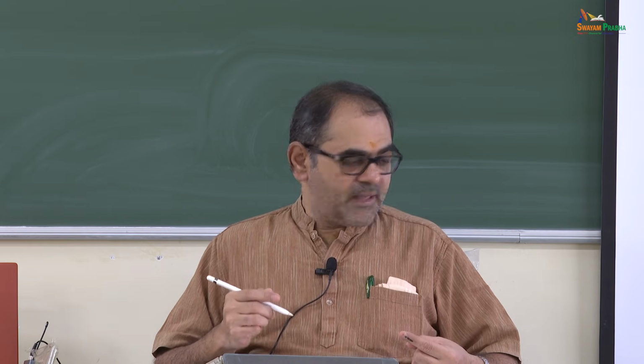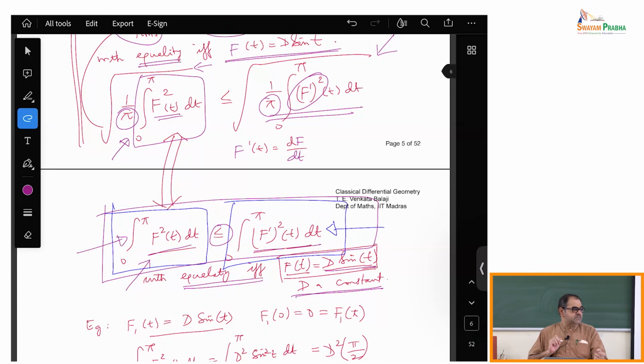The philosophy is that whenever you find a solution, any f that satisfies this integro-differential equation, the solution will not only satisfy the equation, it will also satisfy the inequation.